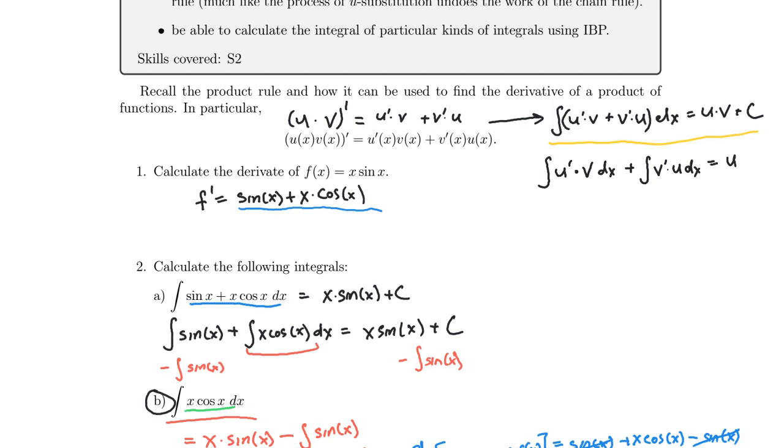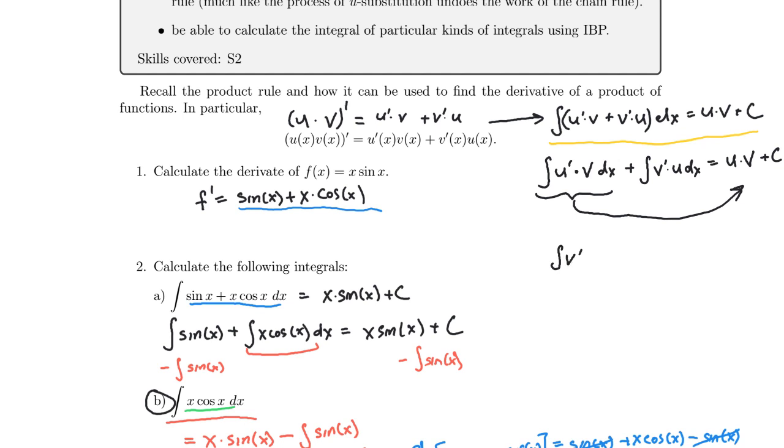That's equal to u times v plus a constant. And then I'm going to go ahead and subtract one of these two pieces to the other side. To get the formula looking like it classically is, I'm going to subtract this first piece to the other side. So we end up with the equation.